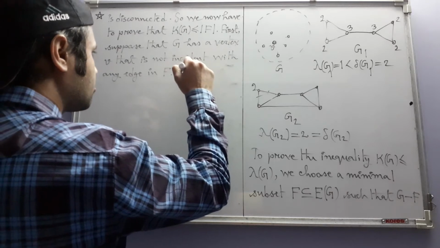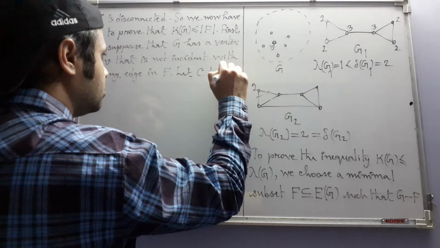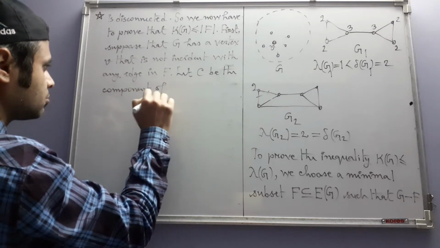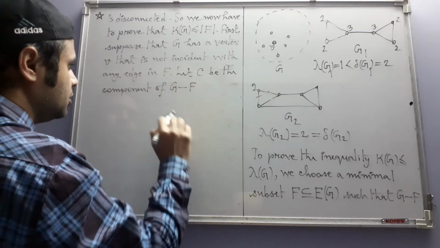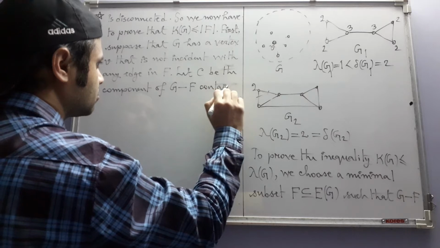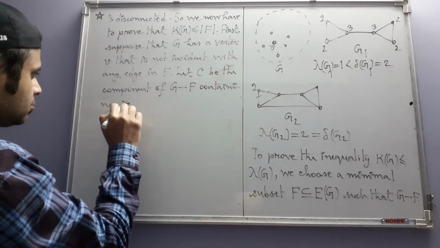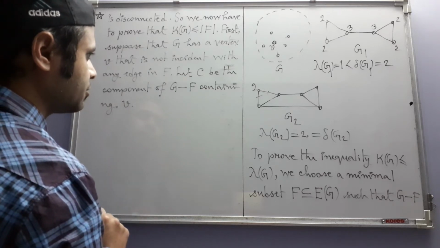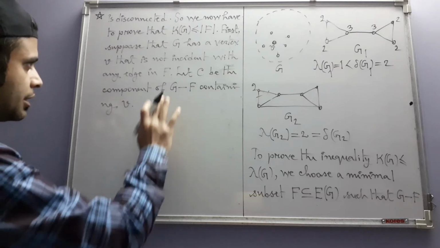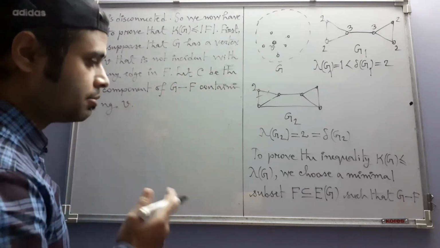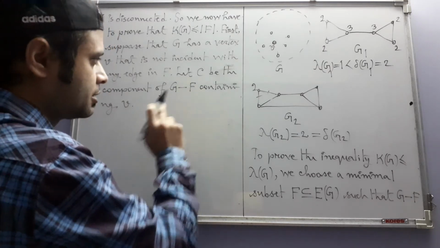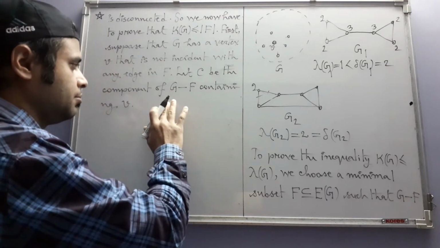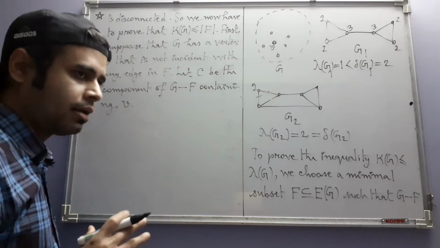Let C be the component of G minus F containing this vertex V. Since F is a set of edges whose removal disconnects G, so we started with a connected graph G. So G minus F will have at least two components.